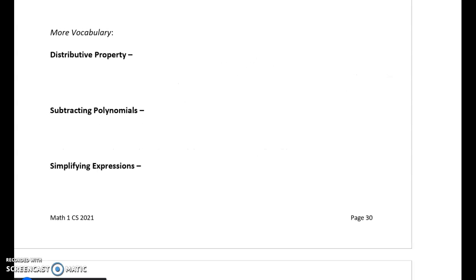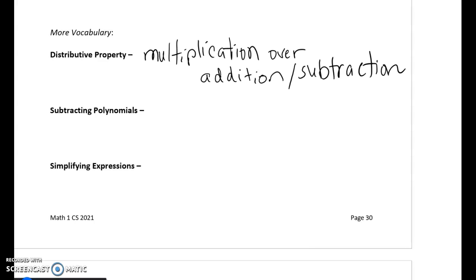Now we're going to skip on down to more vocabulary, starting off with the distributive property. Hopefully you can recall from your previous math classes that the distributive property is where we do multiplication over addition and/or subtraction. We'll go through some examples in a minute.